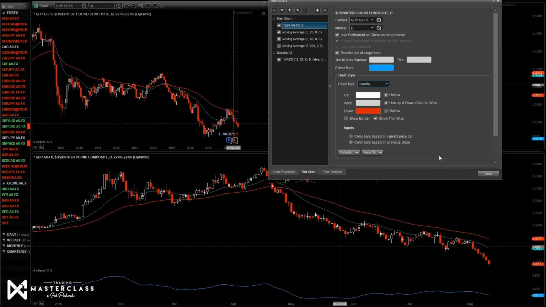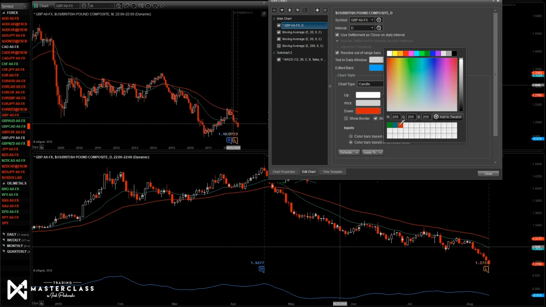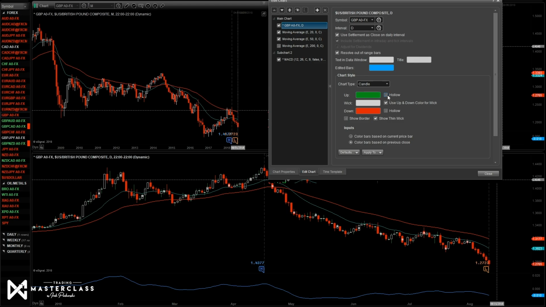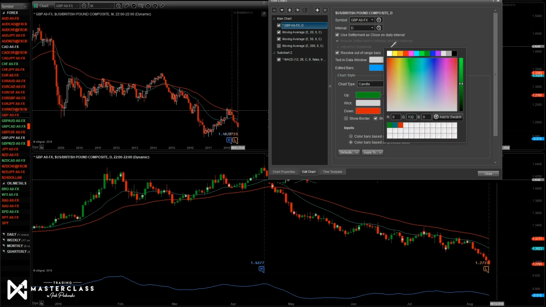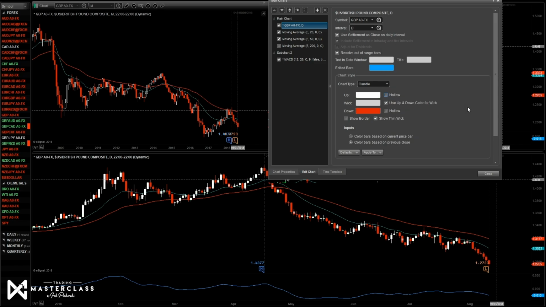Now, when it comes to these candlesticks, I use hollow candles, meaning that my bullish candles are empty. But you're going to have people who use a green candle instead. It's not going to be hollow, it's going to be green. I just find that it looks a little bit weird. I traded with green candles for many, many years, but when I flipped to simple white and made it hollow, I liked the look of this better.